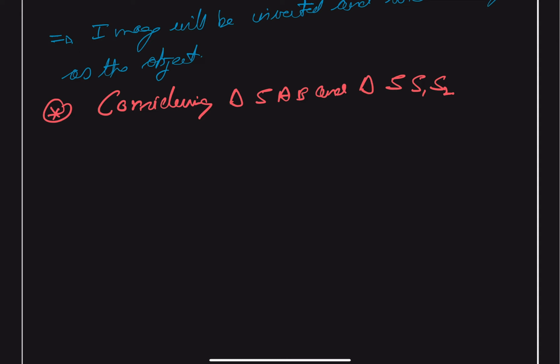These two triangles are similar to each other. Triangle SAB is similar to triangle S1S2, so their sides will be in ratio.